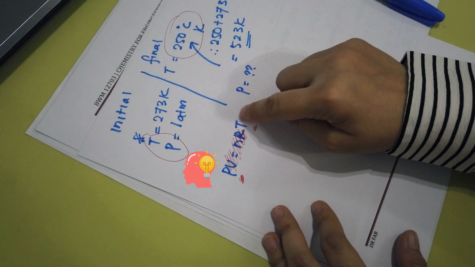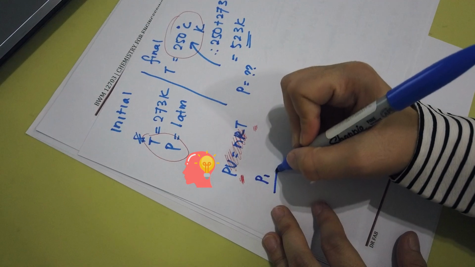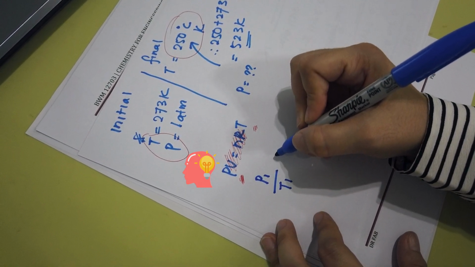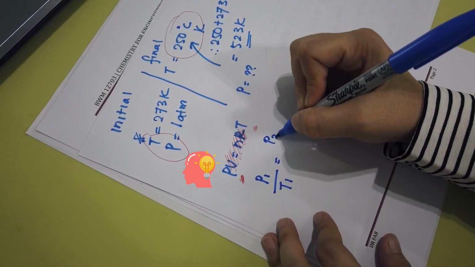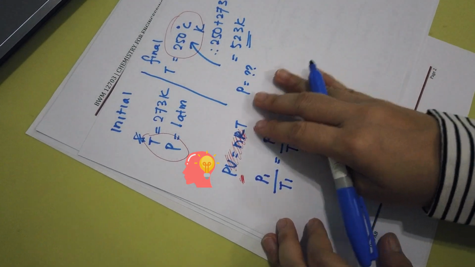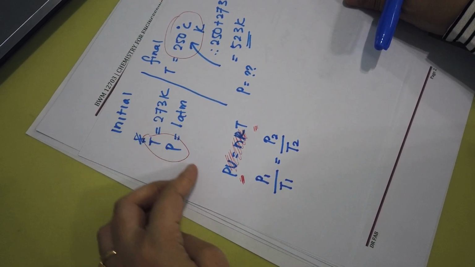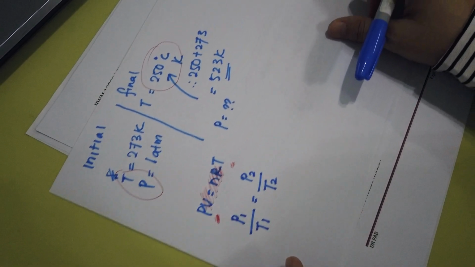When you bring the T over here, it becomes P1 over T1 equivalent to P2 over T2. Once you get this formula, you can just plug in all the values that you have.